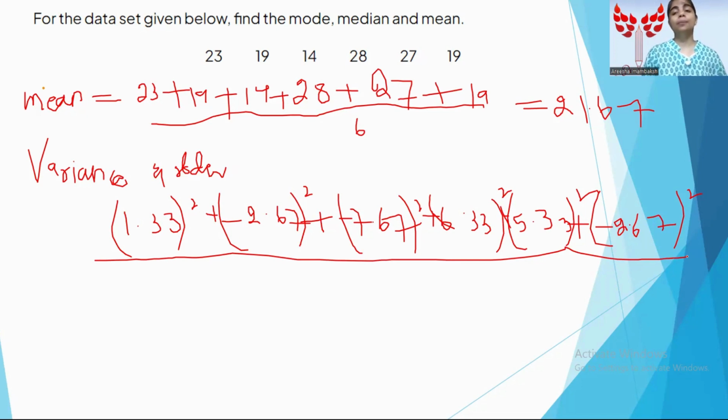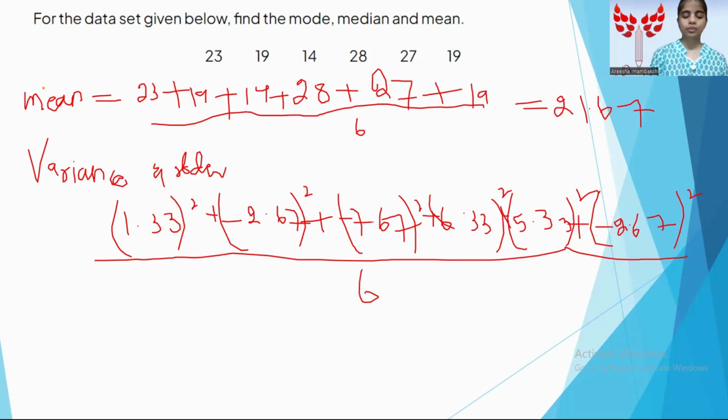If it is a population, you divide by the number of units. Otherwise, you divide by n minus 1, where n is the number of units, basically to account for degrees of freedom. So here we will consider this as the population. So we are going to divide it by 6, okay?